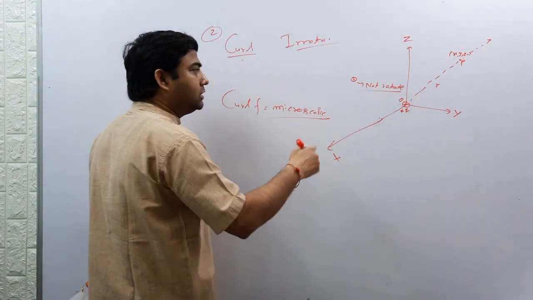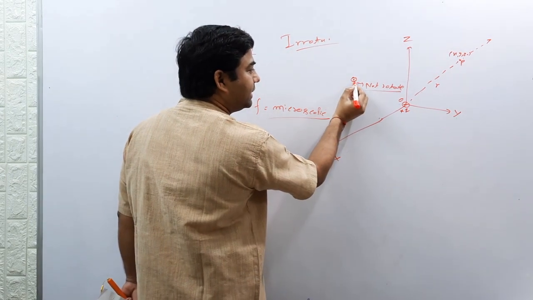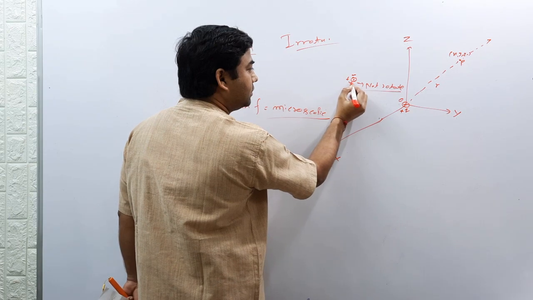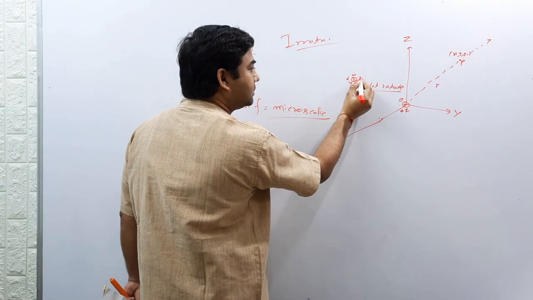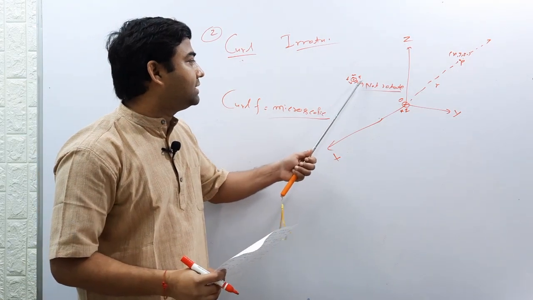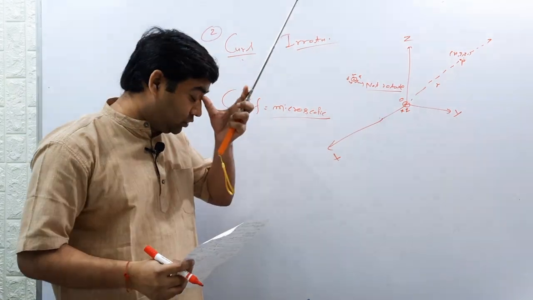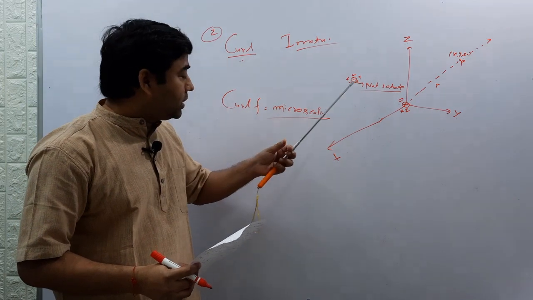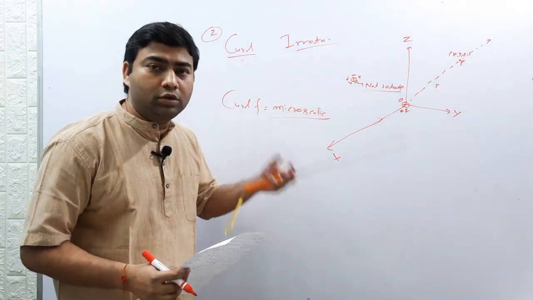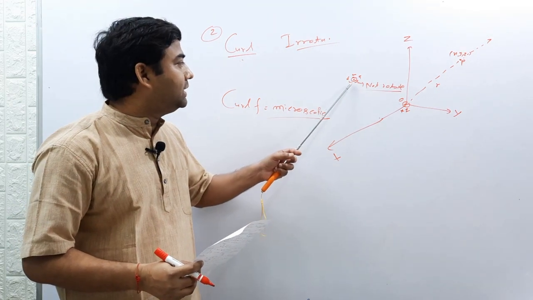When curl is non-zero, the vector field around this ball will be like this. These small arrows are representing the direction of the vector field.